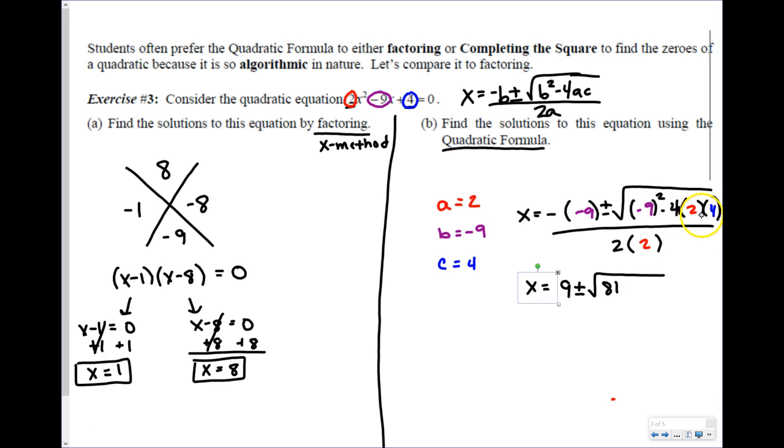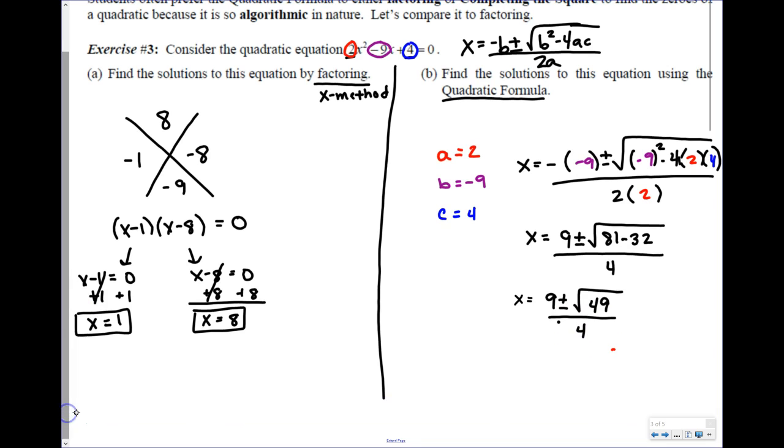So you're going to have 81 minus 32, all over 2 times 2, which is 4. Let's simplify again. Keep the 9 plus or minus. 81 minus 32 is going to give us 49, which is nice because that's a perfect square. Divided by 4. We'll keep simplifying.